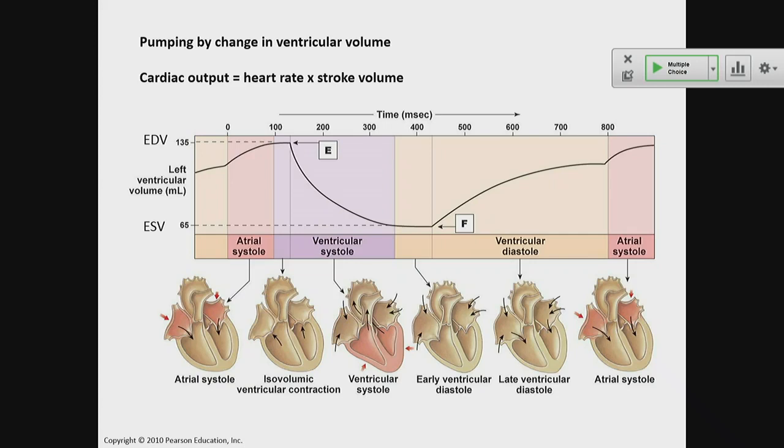Yes, they do, because they have to, but we don't call it stroke volume for the atrium. The same amount of blood needs to flow through the atrium on every cycle, because otherwise it wouldn't end up in the ventricle. And if 70 milliliters are ejected from the left heart, you also need to eject 70 milliliters from the right heart, otherwise blood would accumulate in one of the two loops.